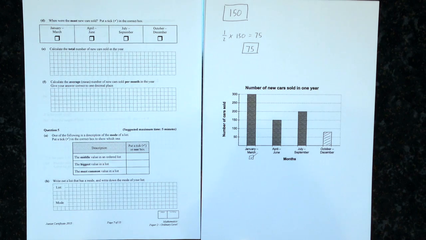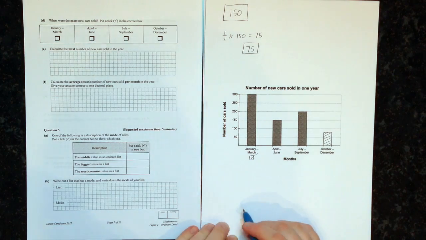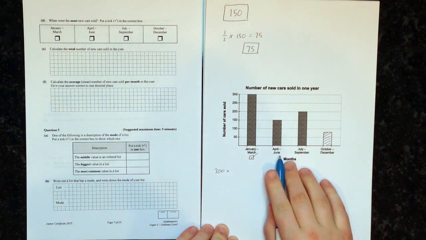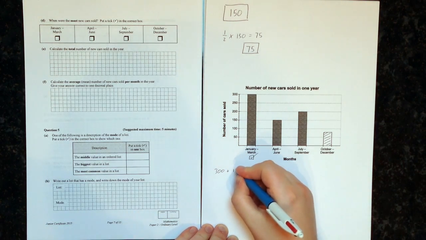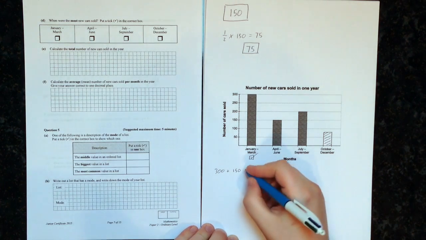Part E. Calculate the total number of new cars sold in the year. So for this, we're going to have to add together the numbers of cars sold in each period. So for January to March, there were 300. In April to June, there were 150. From July to September, there were 200.